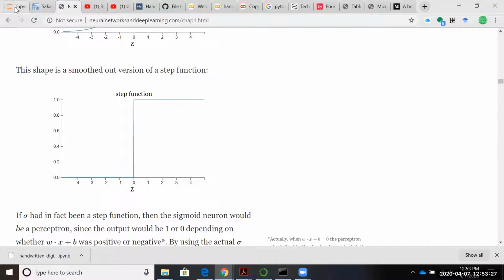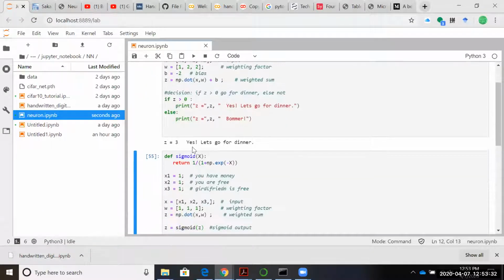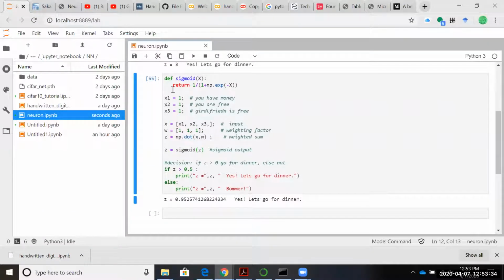So here I have the sigmoid version of these things. This function defines 1 over this, and I still have 3 inputs and the same weighting function.